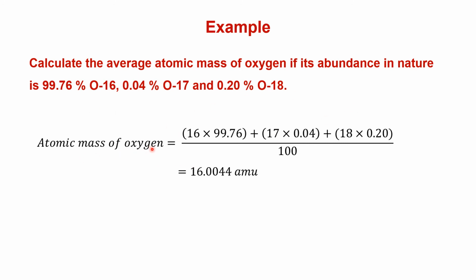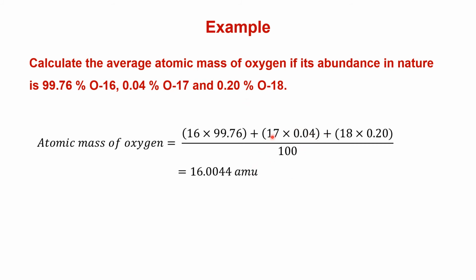So the average atomic mass of oxygen will be 16, the mass number, multiplied by its percentage abundance, 99.76, plus 17 multiplied by 0.04 plus 18 multiplied by 0.20, divided by 100.